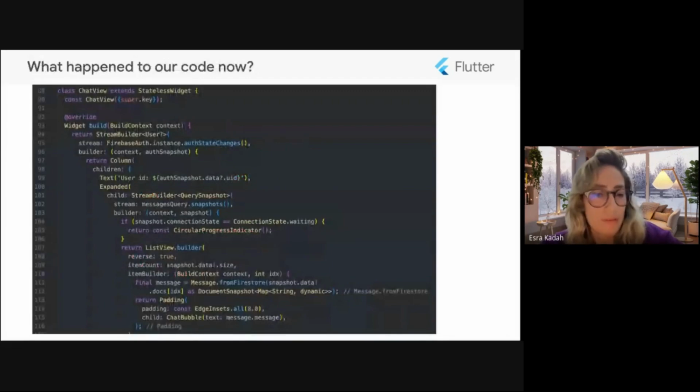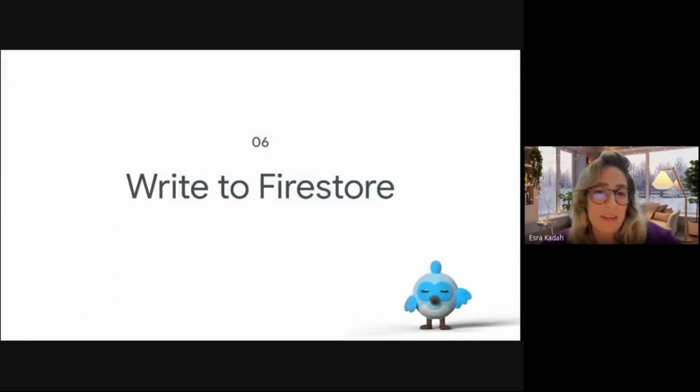So what happened to our code now? Before we check the changes, let's go add the functionality of writing to Firestore too, because you need to be able to send the messages. At the moment, the app still looks pretty blank because there are no actual messages to display.